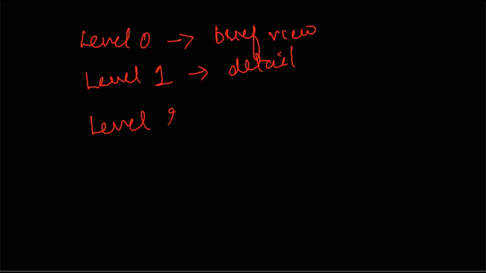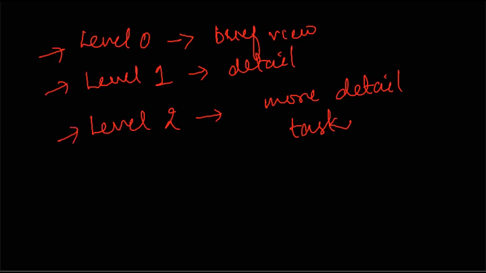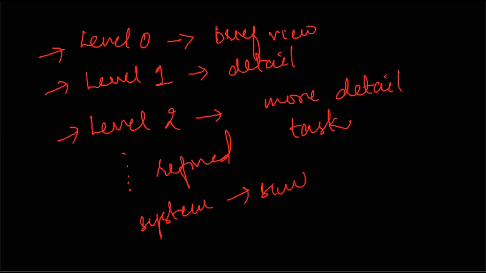Then level 2 is going to have more detail for a specific task. They are going to be different levels of data flow diagrams, and these can be refined until the entire system is simplified.